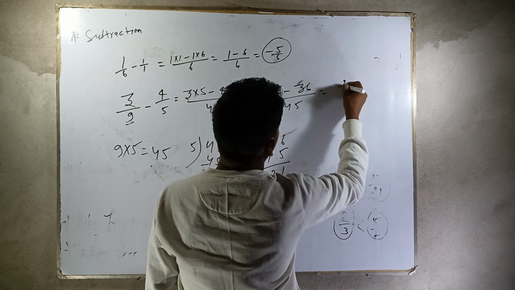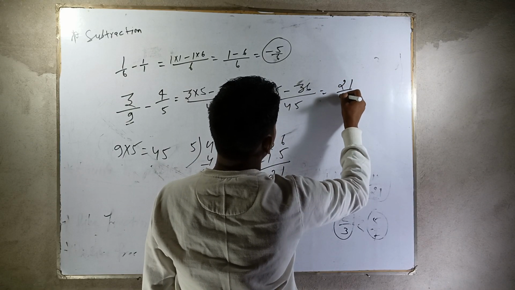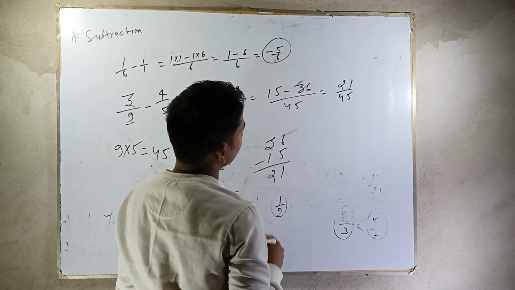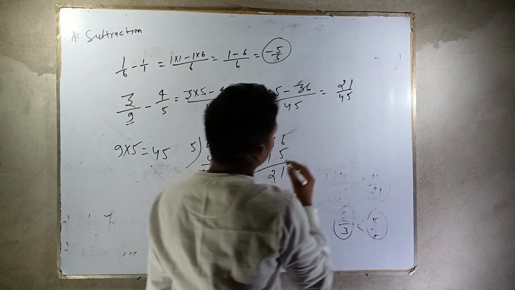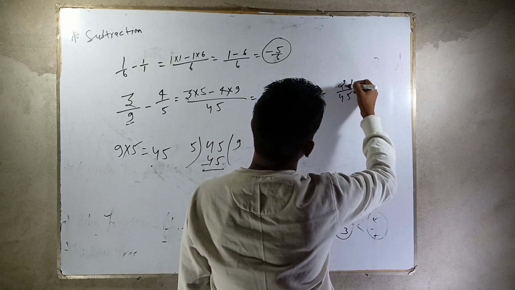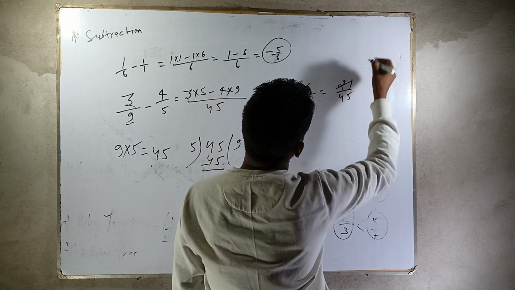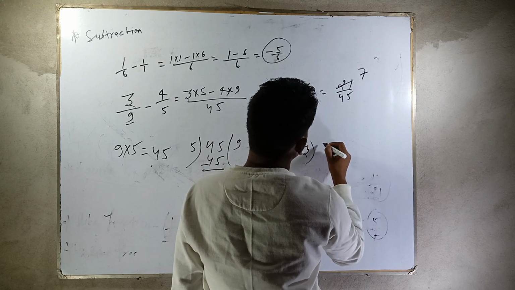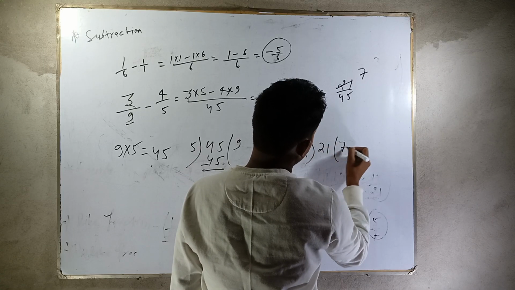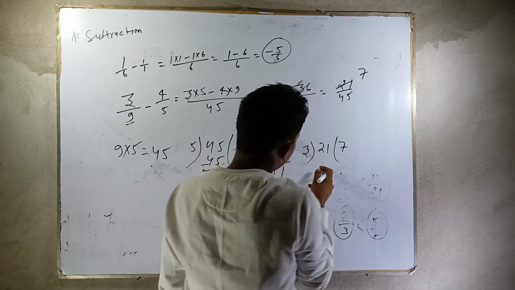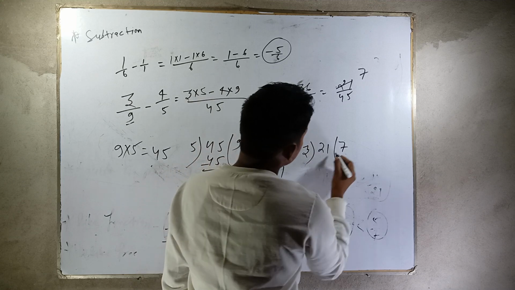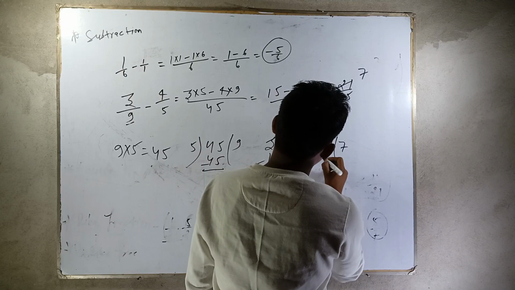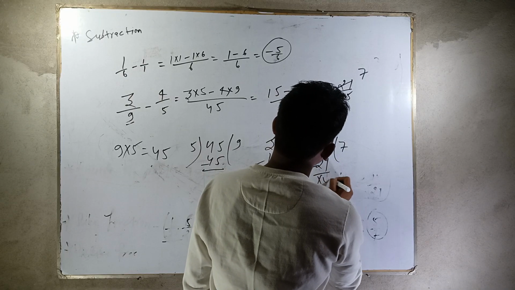This one is 21 by 45. If I divide with 3, 21 divided by 3 is 7.